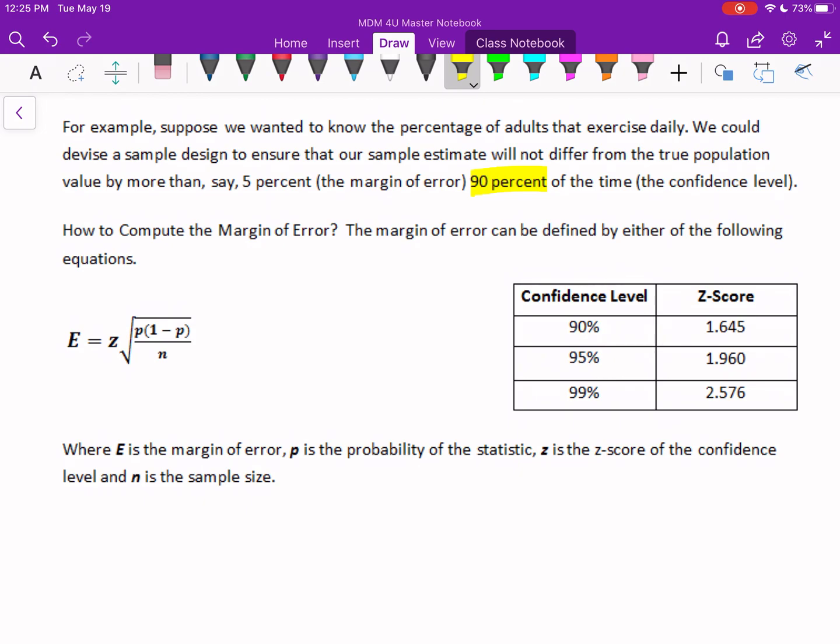So that means that our interval will also be given as a percent. So it might be, say, 60 to 70% of adults or a population exercises, and then we talk about 90% confidence in that interval. So be clear on the difference between the two.